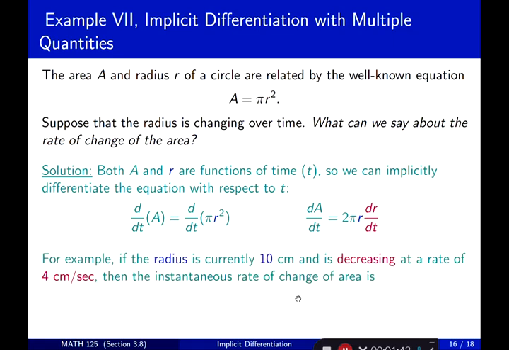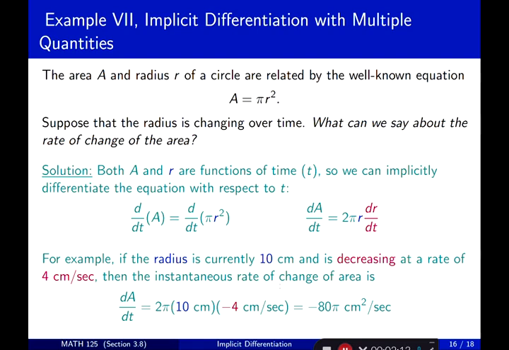For example, if the radius is currently 10 centimeters and is decreasing at a rate of 4 centimeters per second, then the instantaneous rate of change of area, by plugging the 10 and the negative 4 in here, is going to be negative 80 pi centimeters squared per second.